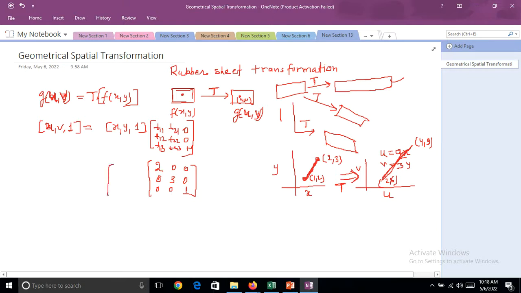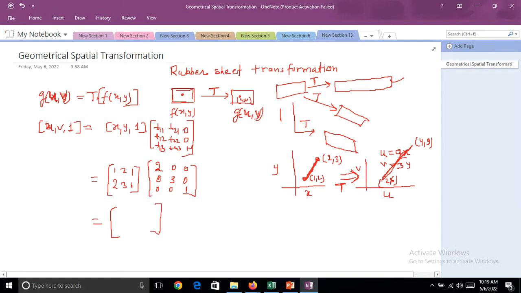Now we have the image, or let us say only two coordinates, 1 comma 2 and 2 comma 3. The third column we shall add simply as 1, 1. After doing that, let us see what we get as u,v. Multiply first row, first column, then first row, second column, first row, third column, as we do in matrix multiplication.